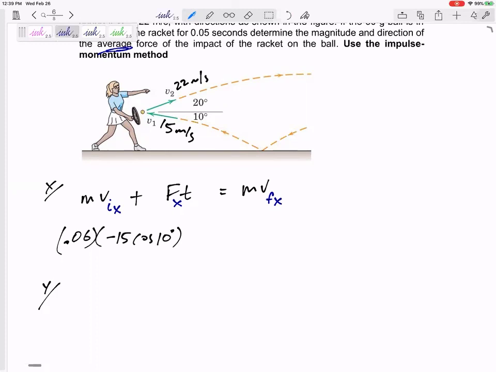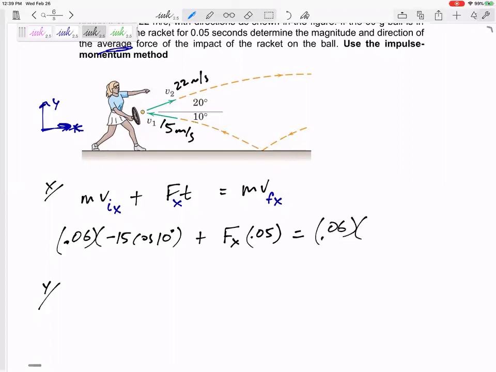In fact, I really should draw my axes. So if my X is to the right, then this is negative 15 cosine 10. All right, plus the force in the X, which I'm looking for, times 0.05 equals 0.06.